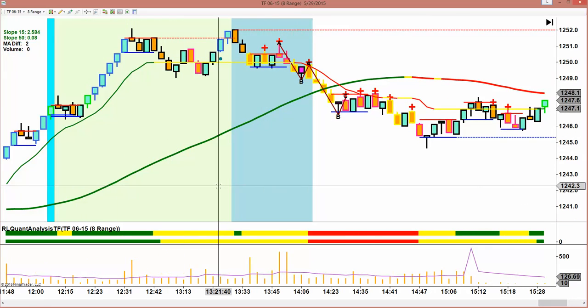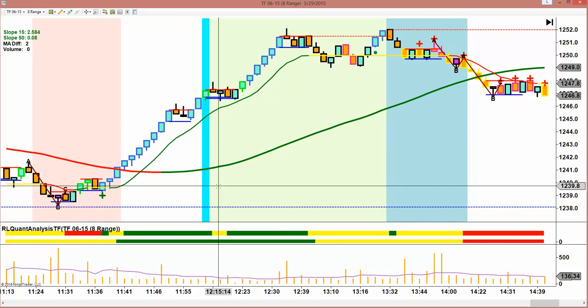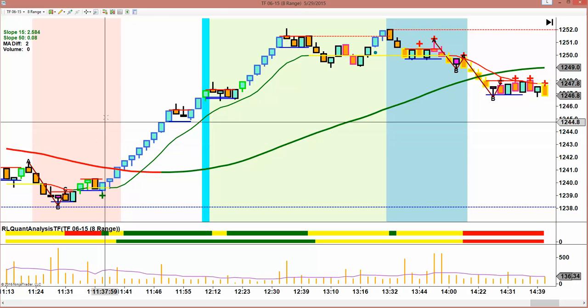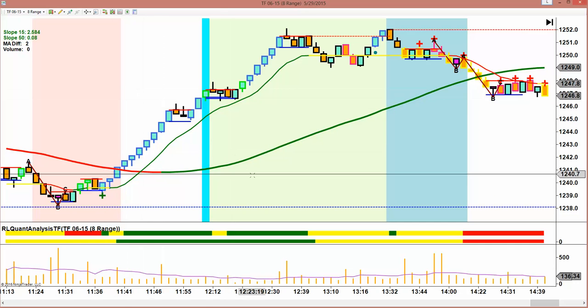Now, there are 5 correlative markets on the Russell. In other words, these correlative markets are either going to move in the same direction as the Russell or in a counter-trend direction on the Russell. And they do it with a correlation coefficient of 0.7 or greater.